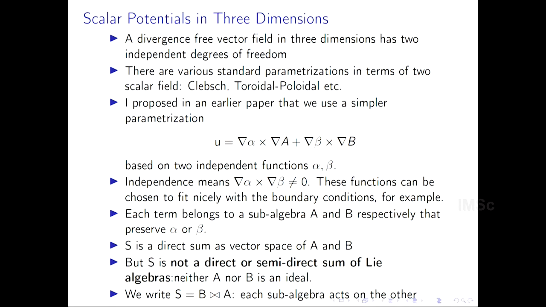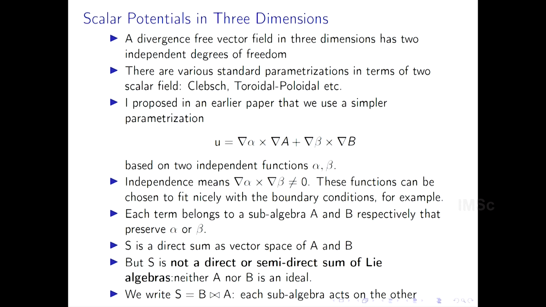Now, each piece describes a subalgebra, because the vector fields that preserve alpha form a subalgebra, and the vector fields that preserve beta form a subalgebra. So the situation we have is a Lie algebra S of incompressible vector fields. It has 2 subalgebras A and B, and as a vector space, S is the direct sum of A and B. Any element of the big Lie algebra can be uniquely decomposed as a sum of something in A and something in B. But here's the most important thing.